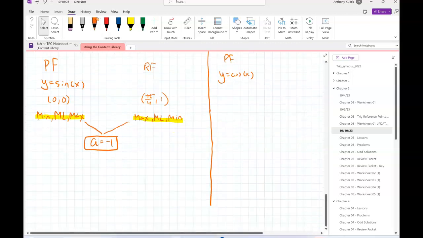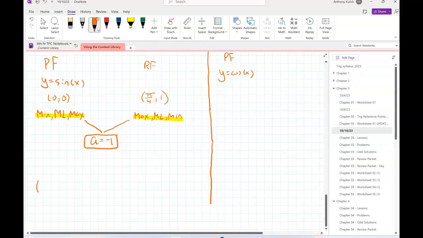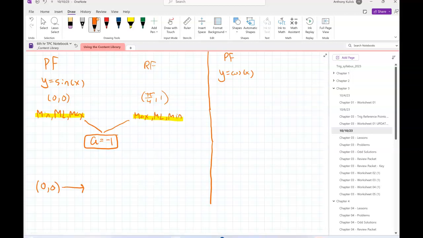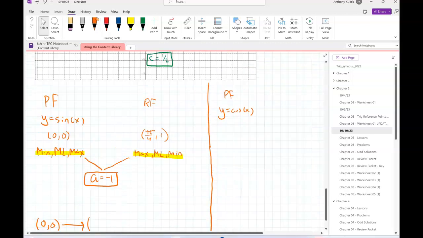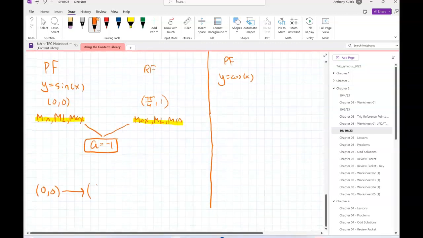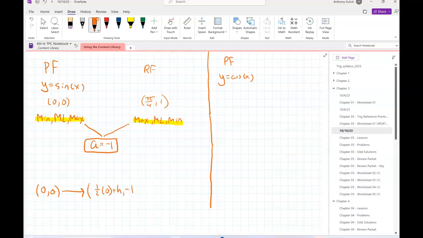We're ready to go. So what we're going to do is, I know to transform 0, 0 into pi over 4, 1, I'm going to be doing c times x, which was 0, plus h, a times y, which is 0, plus 1.